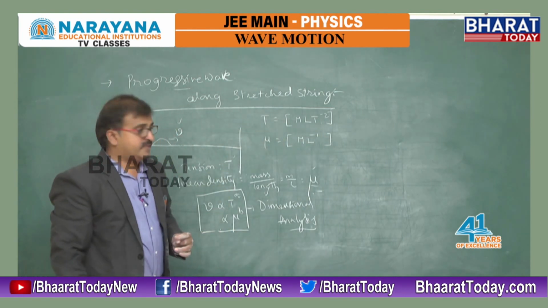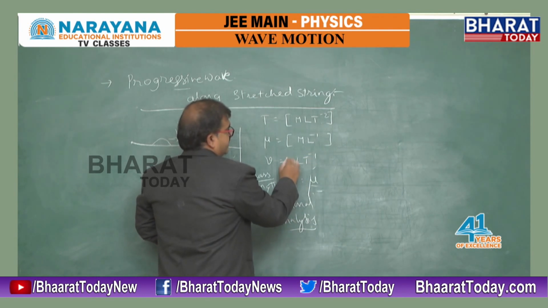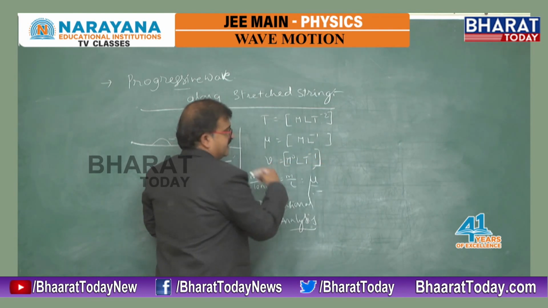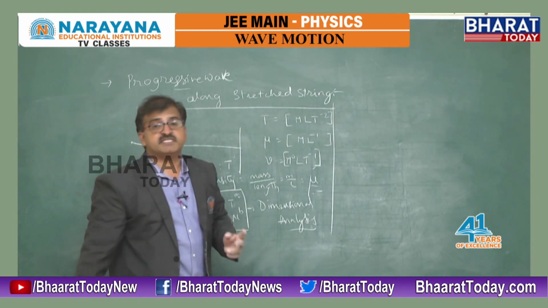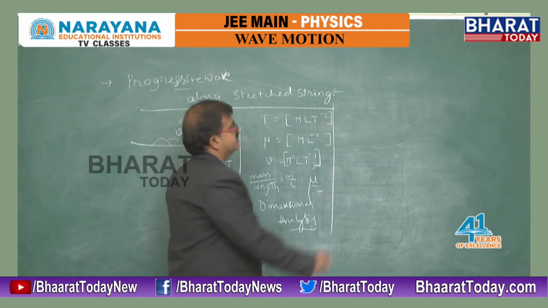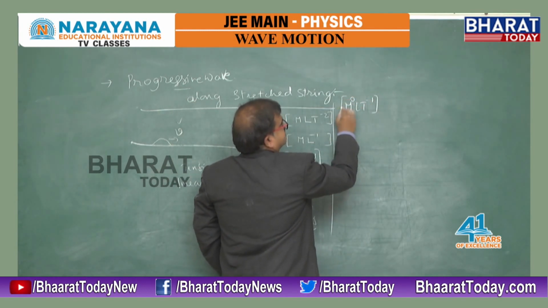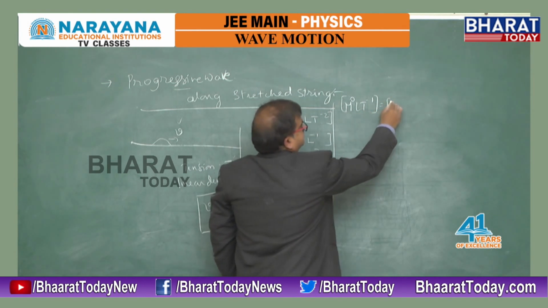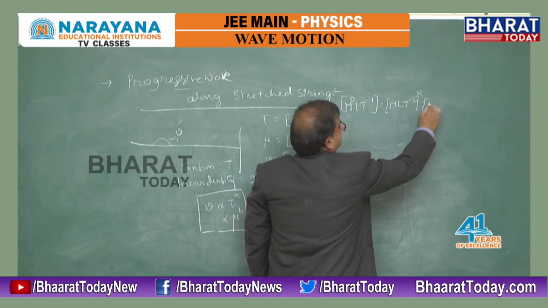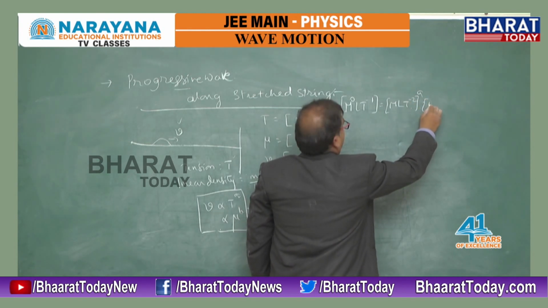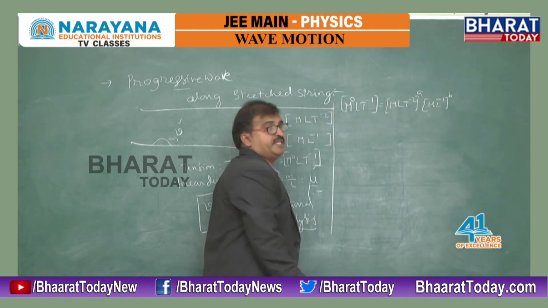Velocity v has dimensional formula M power 0 L T power minus 1. So by using dimensional analysis, M power 0 L T power minus 1 equals (M L T power minus 2) to the power a times (M L power minus 1) to the power b.